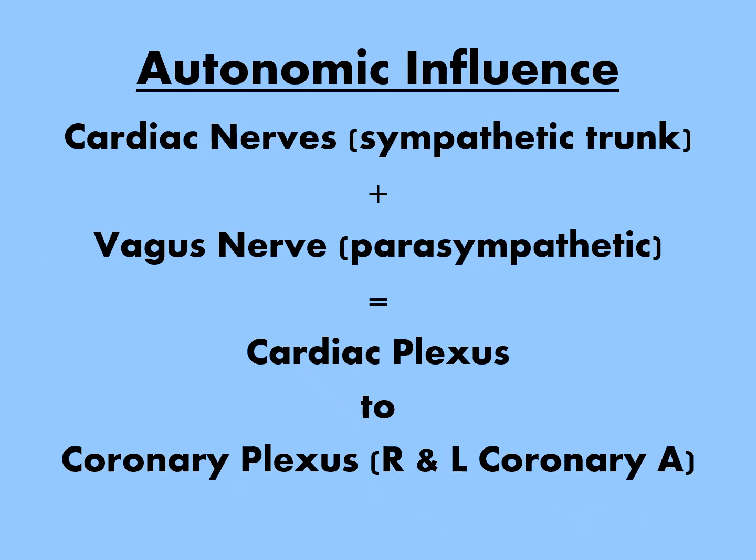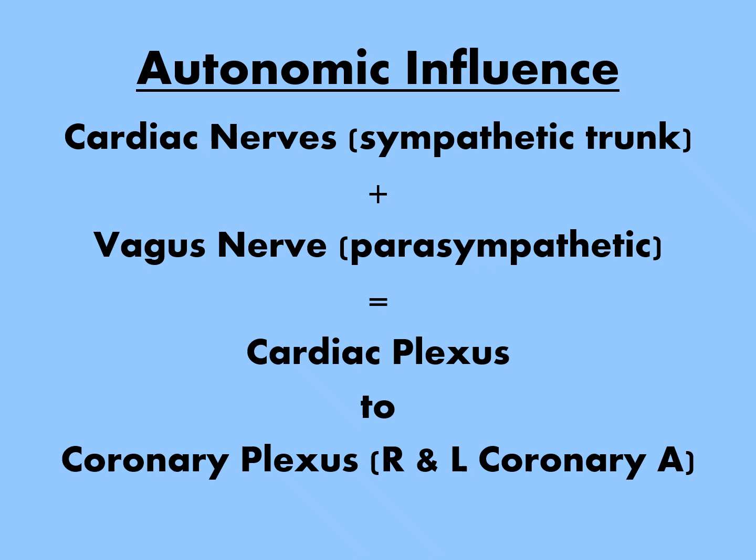The cardiac nerves, as you know, are specialized sympathetic nerves, and the vagus nerve, which is a parasympathetic nerve, cranial nerve 10, come together to form the cardiac plexus.